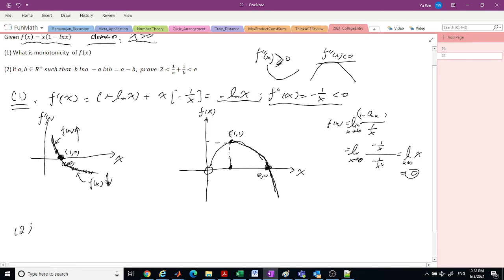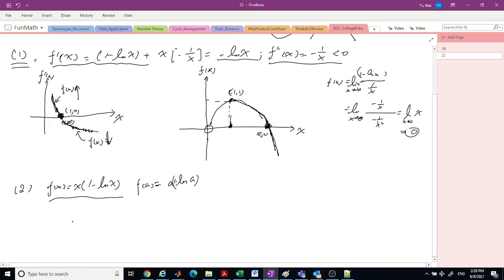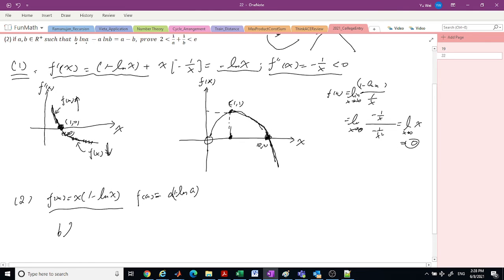And for the second part, it is a little harder. If you can see, f(x) equals x times log x, let me write it down. So f(a) is equal to a times 1 minus log a, but you can see here is b log a log b. If you are sensitive to this, we can see how to get a log a.